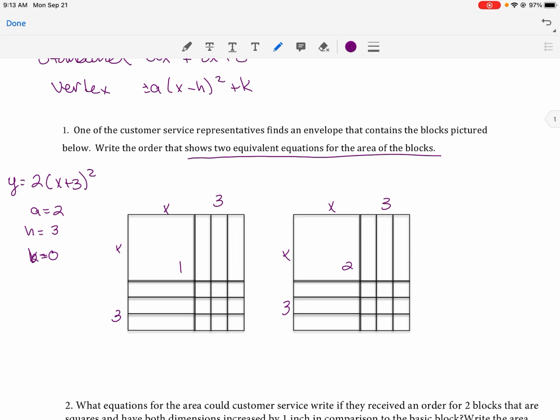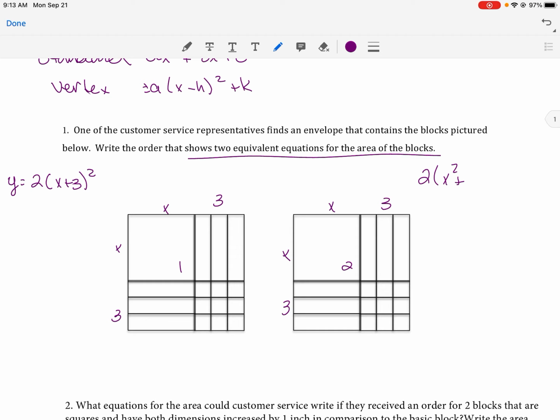Then the other form that it is asking us to look at is standard form, right? So to get standard form, you just multiply it all out. So I will write that on the other side. I have the 2. Inside, remember our format follows that you square the x. You do 2 times your b term, or I think we were calling it d term.